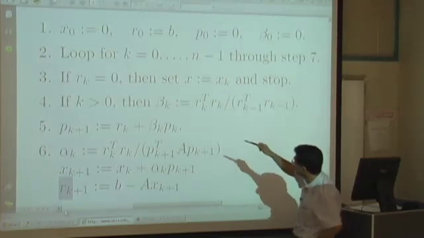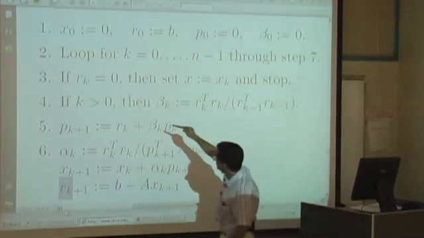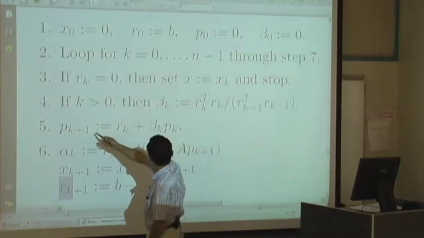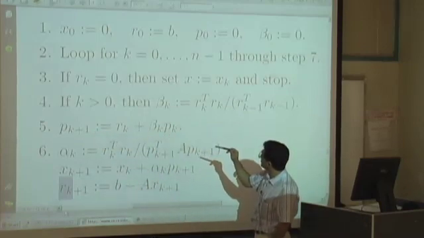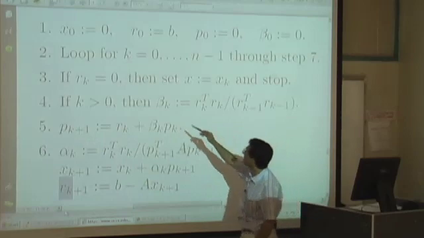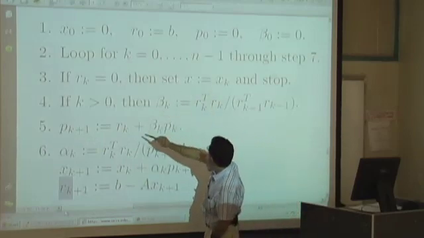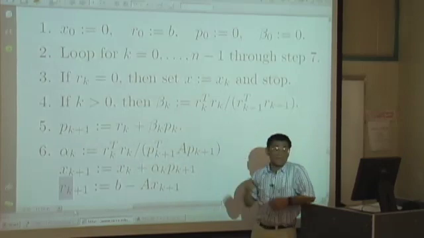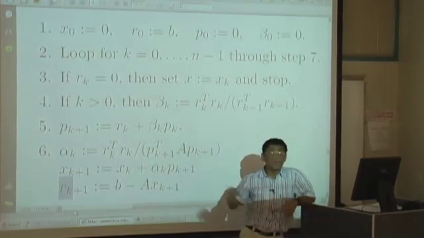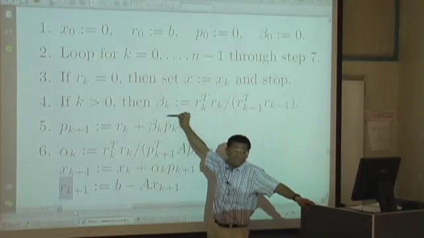Do you understand the situation? P1 is determined by R0 and beta. Oh, no problem. R0 is used then. In the first step, R old is not even set. At this stage, R old is not even set.